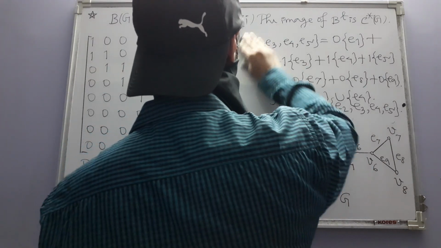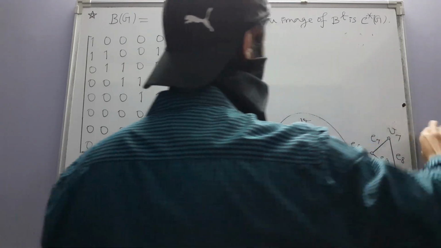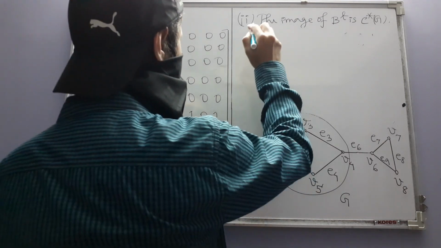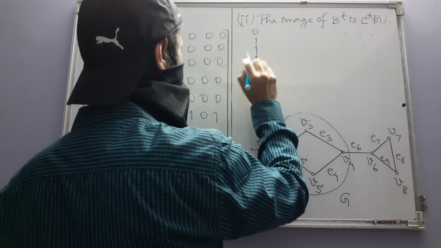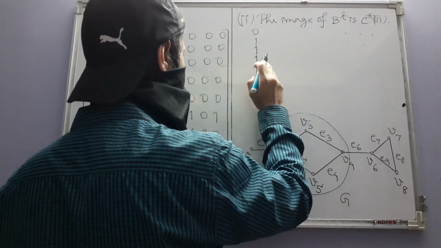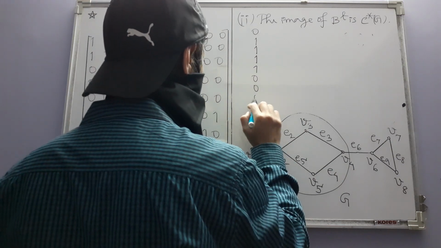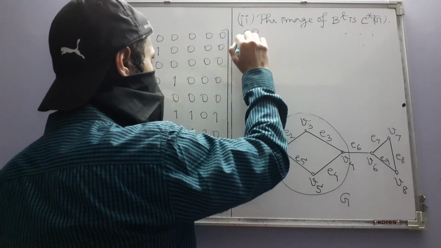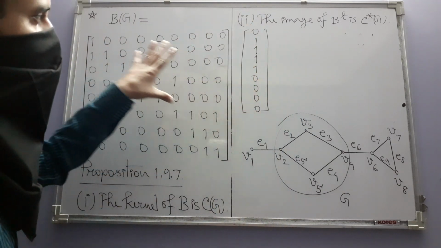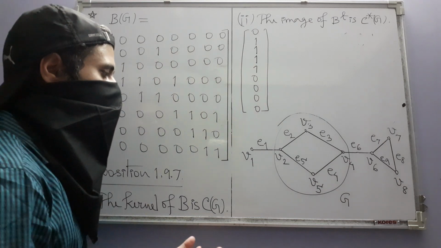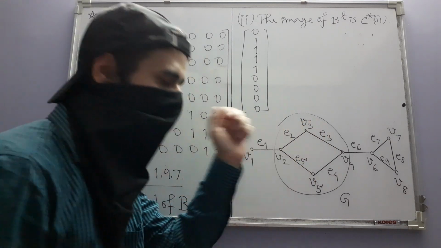So you are going to then look at this column. One, two, three, four, 5, 6, 7, 8, 9. You have to multiply this column by this matrix. When you do that, that's what it means to apply this linear transformation on this cycle.